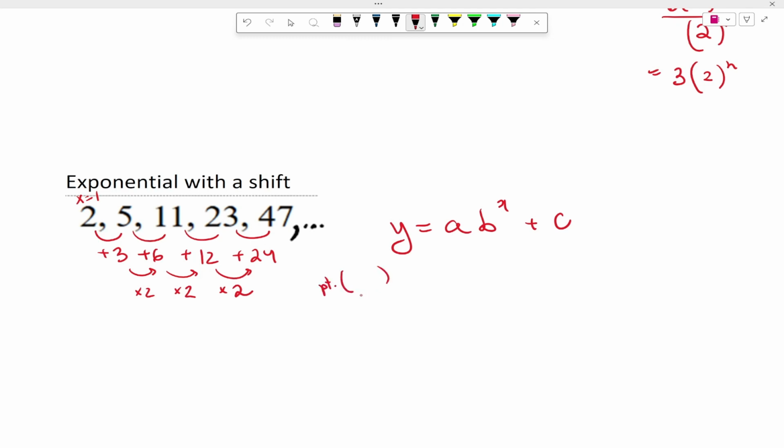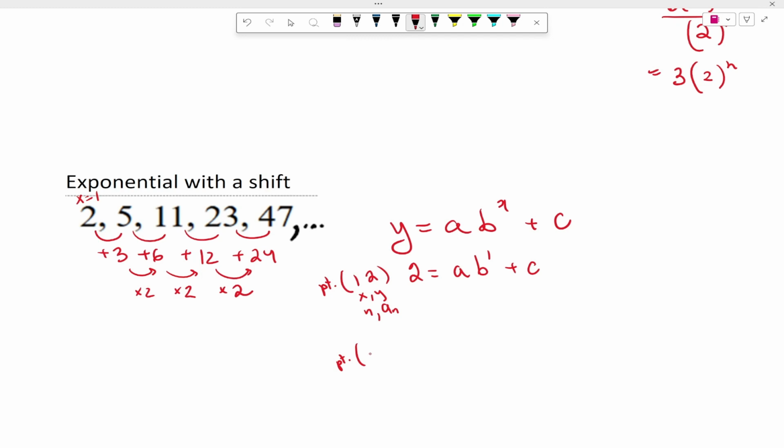So when you're thinking about points x, y, think 1 for the n, and the output value would be the 2, right? So if you put that in, you would have a times b to the 1 plus c, right? Yes.